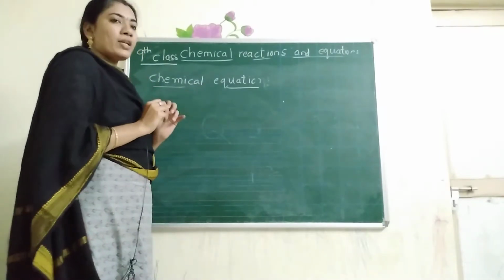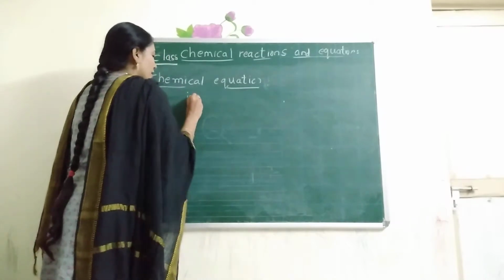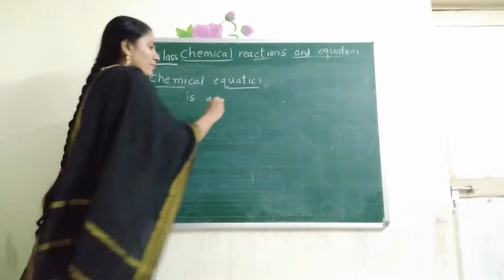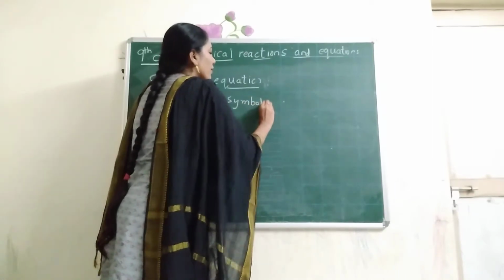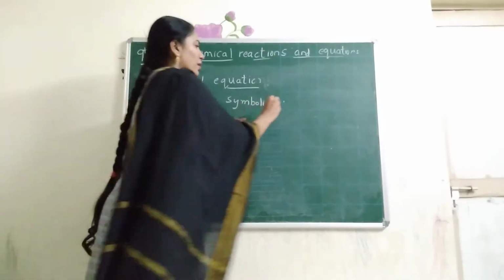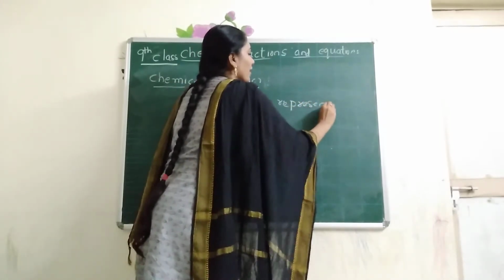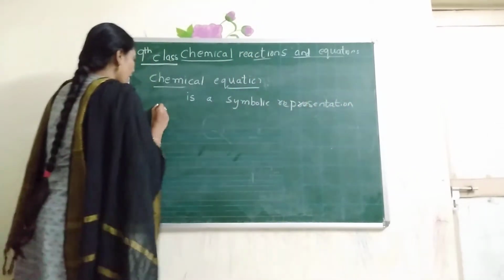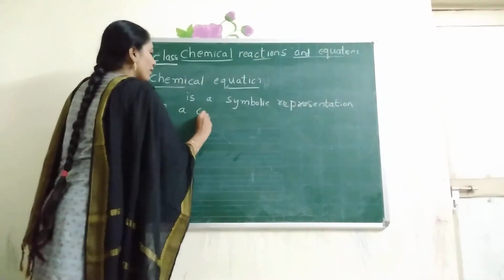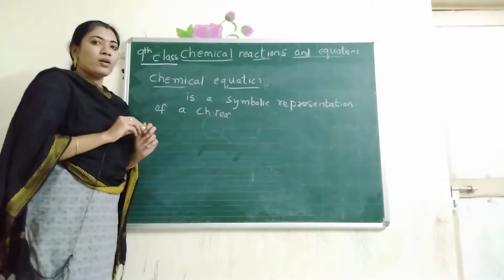The chemical equation is a symbolic representation of a chemical reaction. What is a chemical equation?